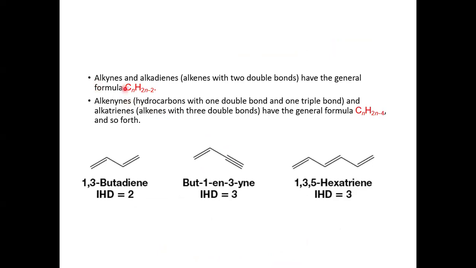Now, what are alkadienes? They contain 2 double bonds.